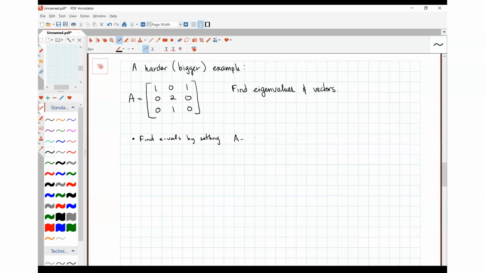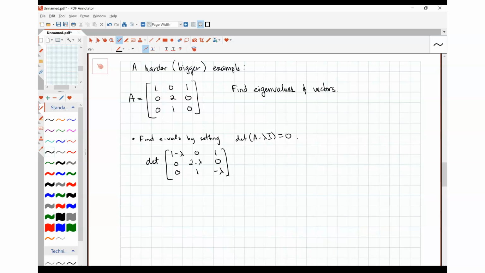We're going to set the determinant of A minus lambda I equal to 0 and solve for lambda. All right, so first, let's write down A minus lambda I. This will be 1 minus lambda, 0, 1, 0, 2 minus lambda, 0, and 0, 1, minus lambda, because 0 minus lambda is just minus lambda.